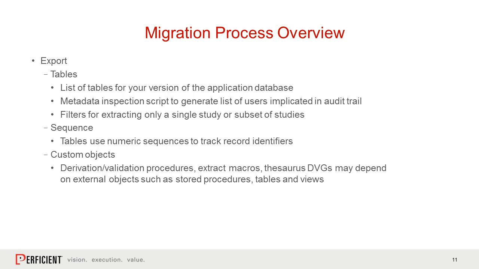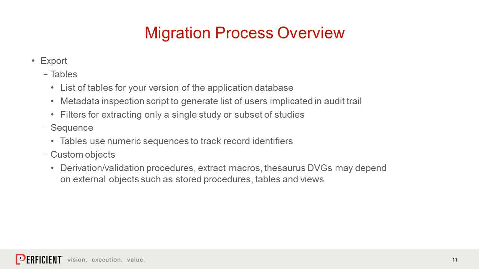Okay, sequence. So the tables that are stored in various clinical applications, pretty standard, is that they'll use an auto-generated record identifier to uniquely identify each row. So like the clinical study ID that I mentioned, that comes from a sequence, but put that aside and think of various global configuration tables, stuff like that. Those all have a number that comes from a sequence that the database automatically generates, and we need to be able to know what that last number was that was used.